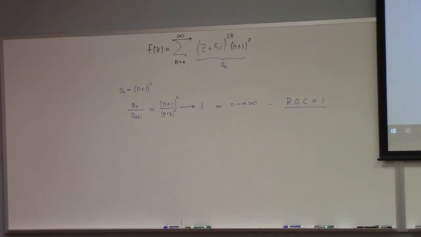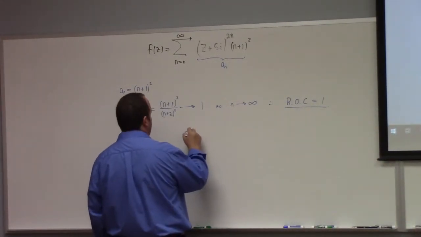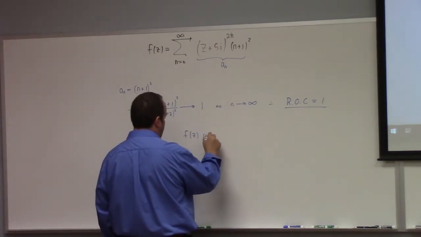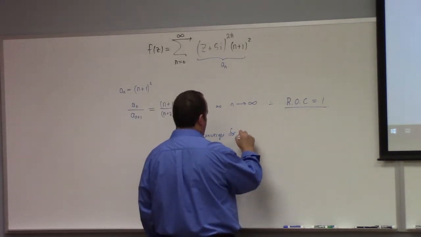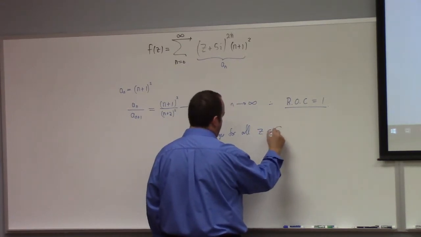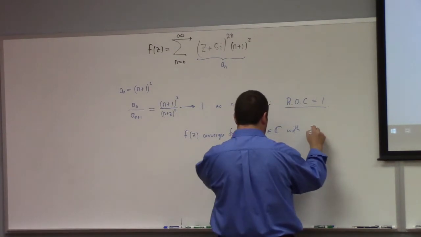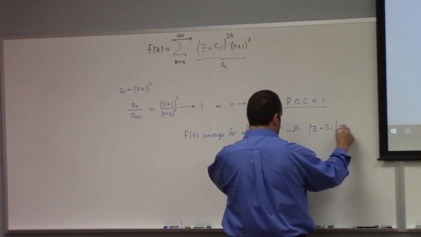And then that means that the disk of convergence would just be where the modulus of z plus 5i is less than 1, right? So this f of z converges for all z in the complex plane with z plus 5i less than 1.